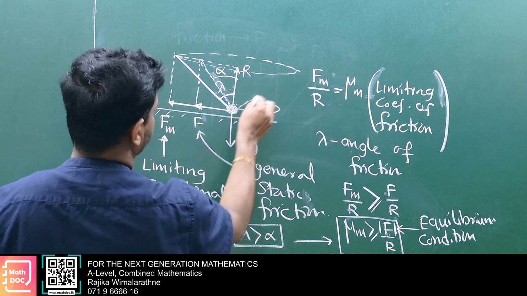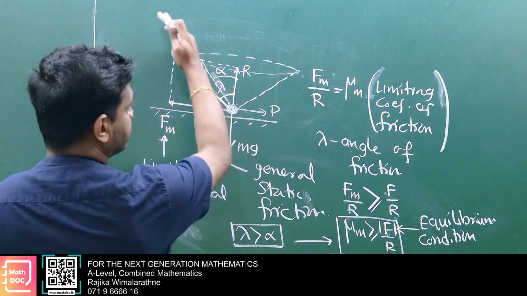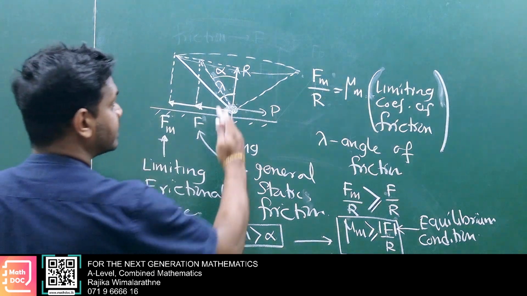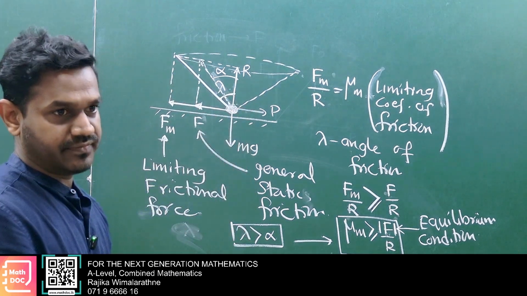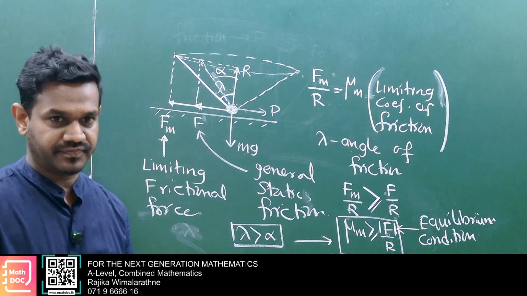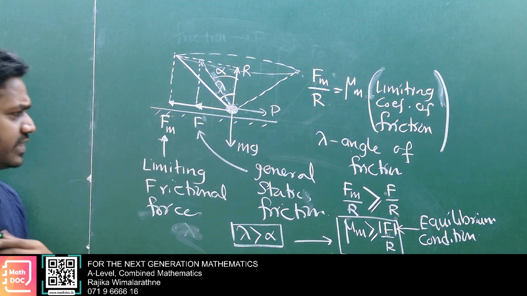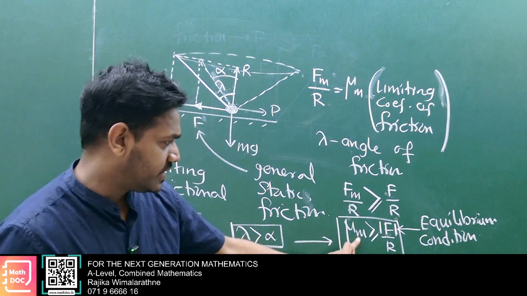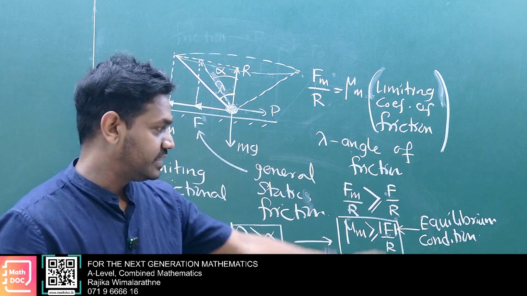The general resultant is inside that cone, and only then is it in equilibrium. Don't worry about everything, but remember this: mu m is greater than or equal to modulus F divided by R. We need to consider that.